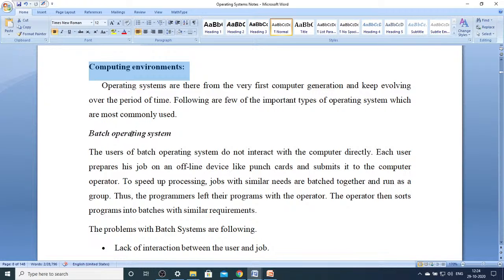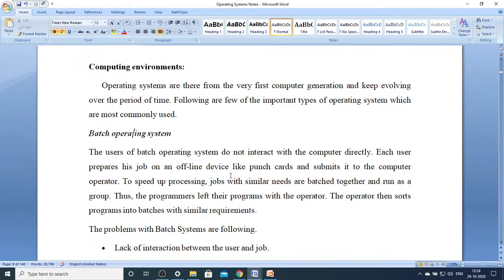So starting with the batch operating system. Batch operating system means we form a particular batch of jobs, and then we set the entire batch for execution rather than executing one job after another.